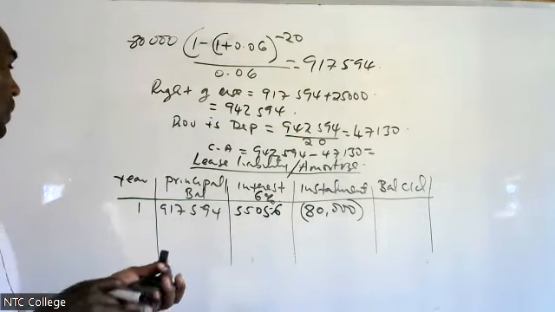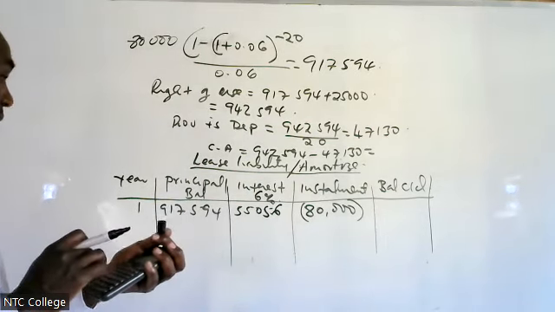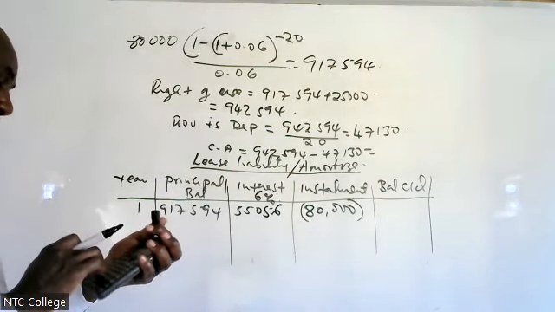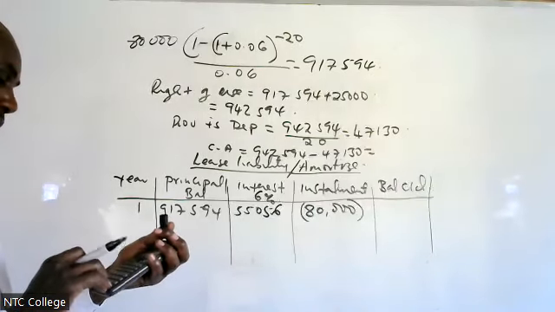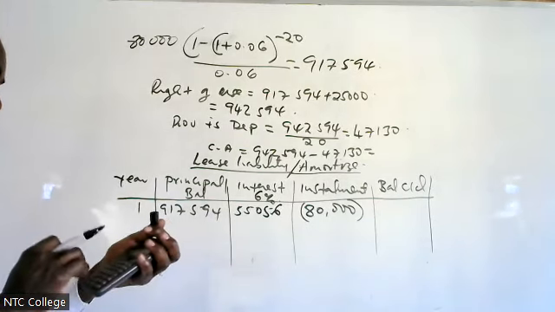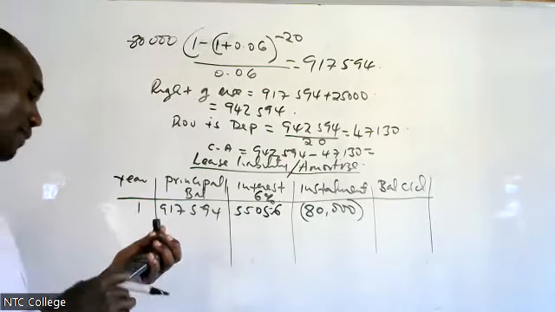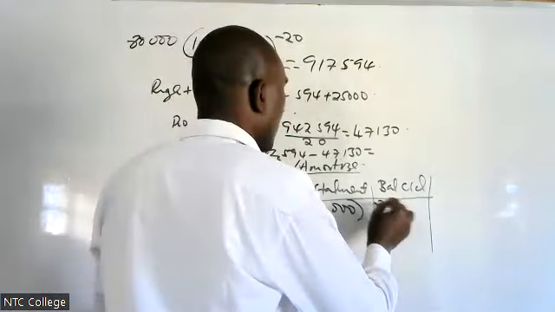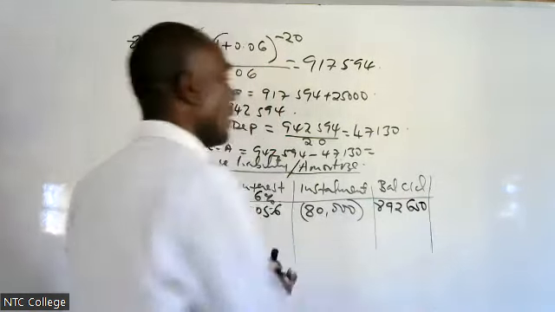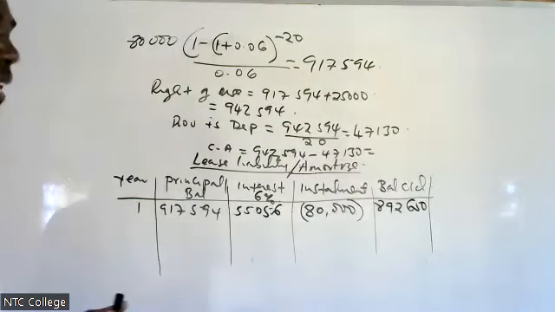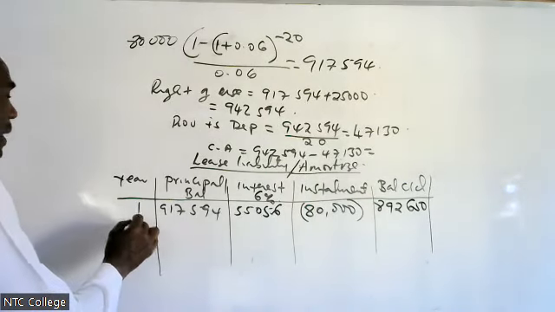Now, what I will do, I take 917,594 plus 55,056. Then I subtract 80,000. I'm getting 892,650. That is what I'm getting at the end.